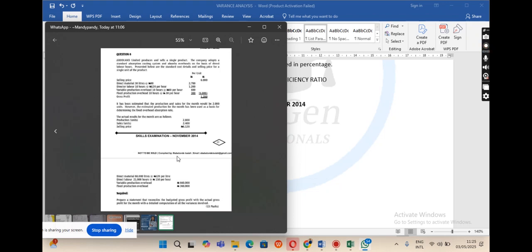But the total material consumed will be given to you as 88,000 liters, and the actual cost of the material will be given to you, but the price per liter will not. What will you do?